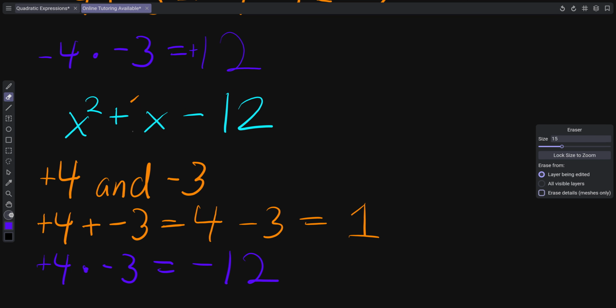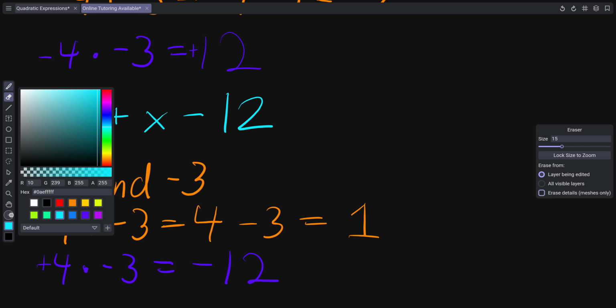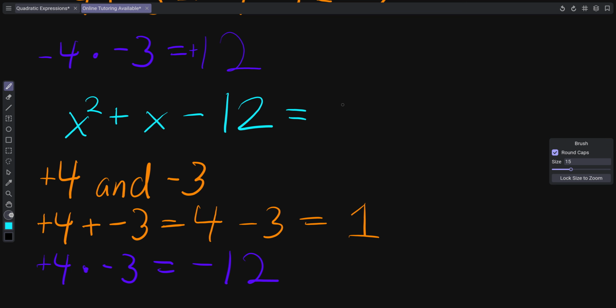And now we can factor it. So we draw something similar. We have two sets of parentheses. We put some x's here and here, and we're going to have a positive and a negative. The positive number is going to be 4. The negative number is going to be 3.